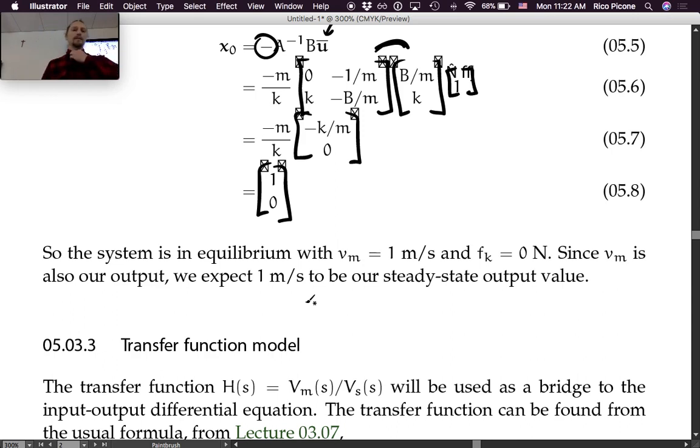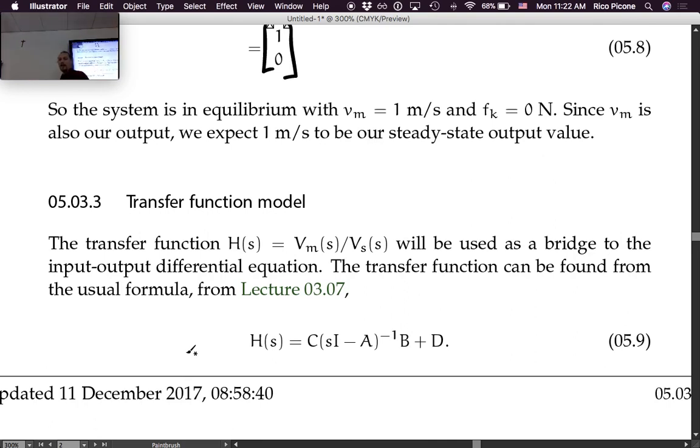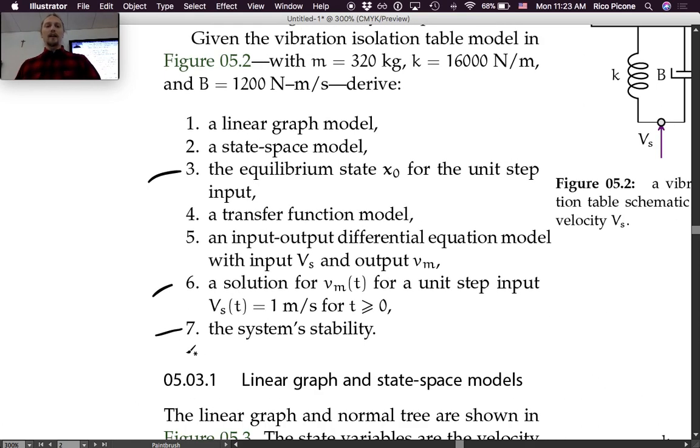Okay, transfer function model. The transfer function H is going to be Vm over Vs. And I should have put the input-output differential equation, I say, with input Vs and output Vm. For a transfer function model, technically you don't actually need to write with input Vs and output Vm because you can just find the matrix transfer function, right?